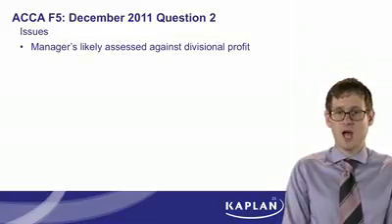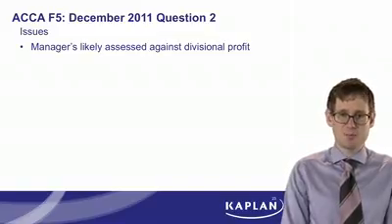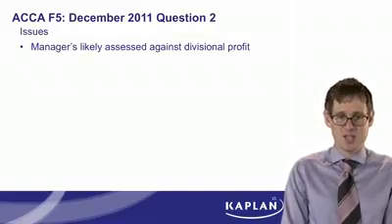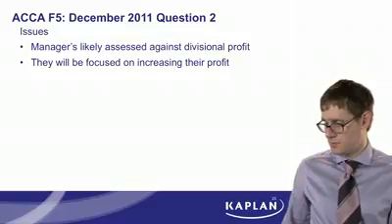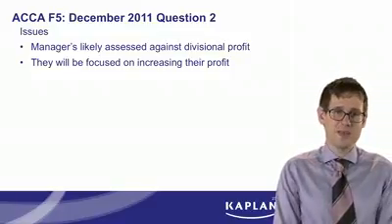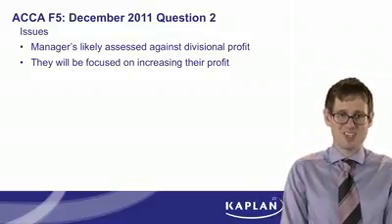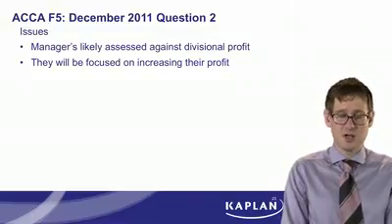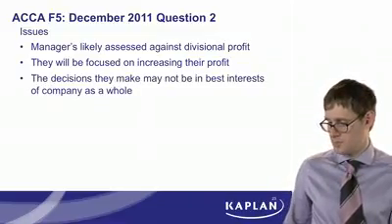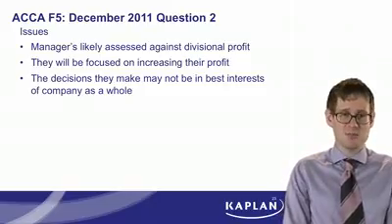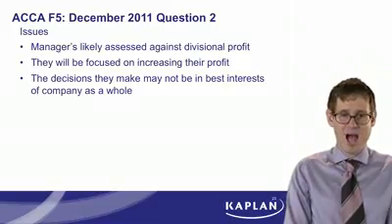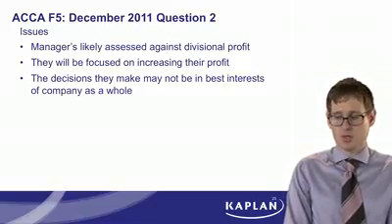We're not thinking about the company as a whole, we're simply thinking about bettering ourselves and our division. All they will be then is driven by increasing their profit. They won't consider other divisions. The decisions that they make will also not be in the best interest of the company as a whole. They won't often have a view of that bigger picture.